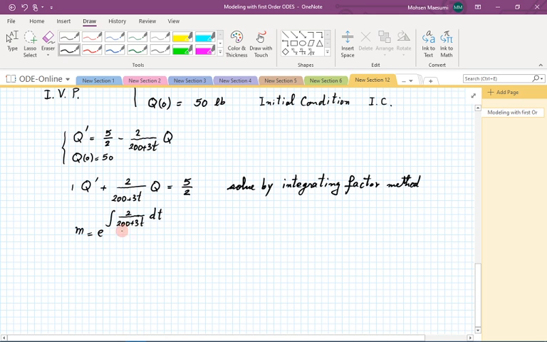Now it's quite common that students at this stage make a standard mistake of thinking that this is simply the logarithm of that, because of the formula they remember that du over u is the logarithm of the absolute value of u.